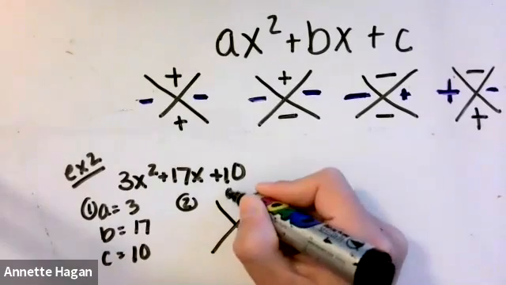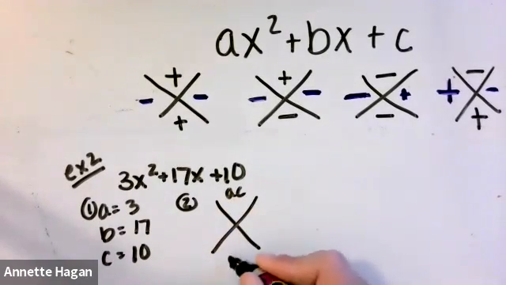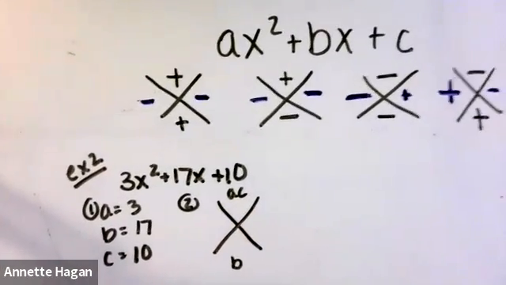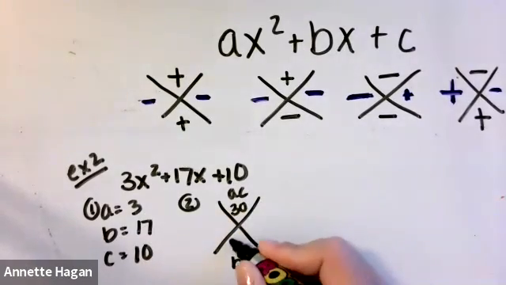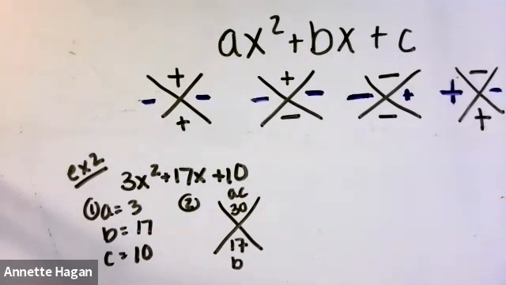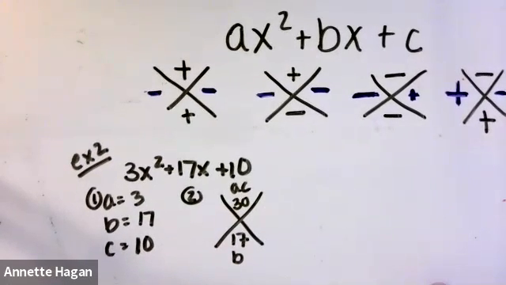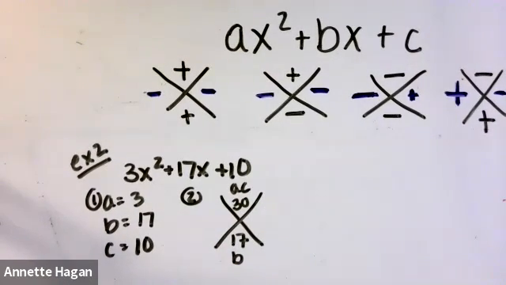Okay, so on the top is A times C, and then on the bottom is B. So what is A times C? Well, 3 times 10 is 30, and B is 17. Okay, so we're looking for factors of 30 that give me 17.